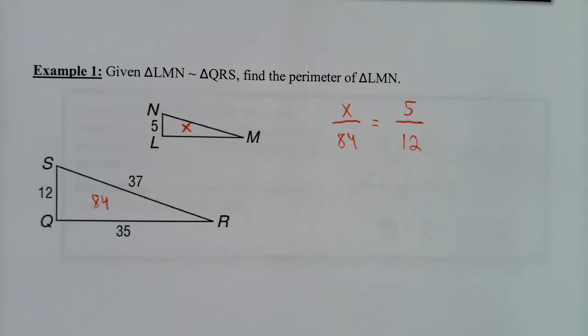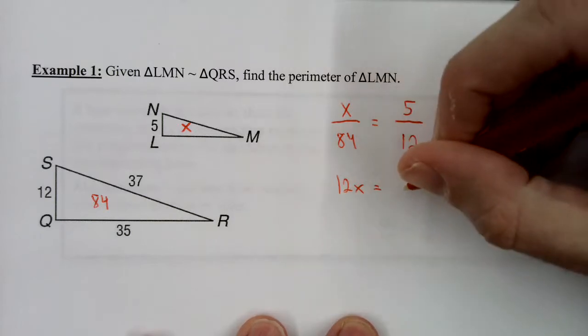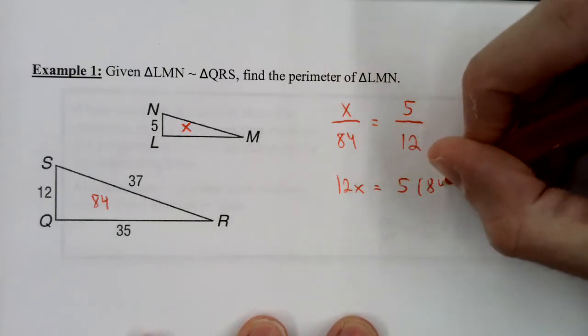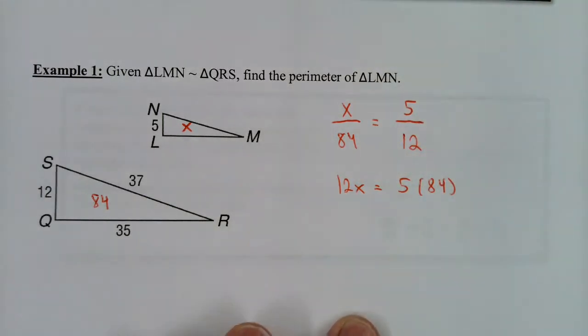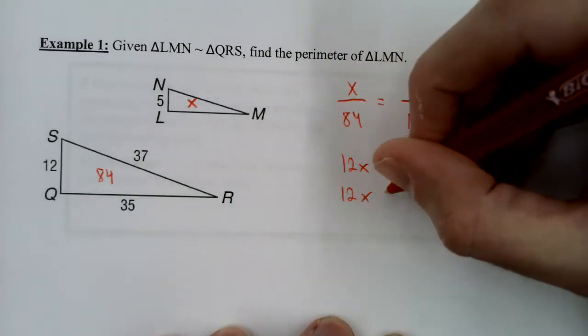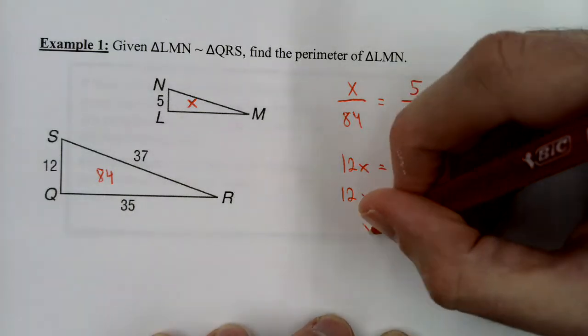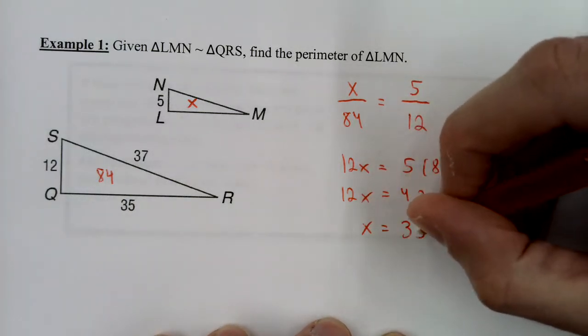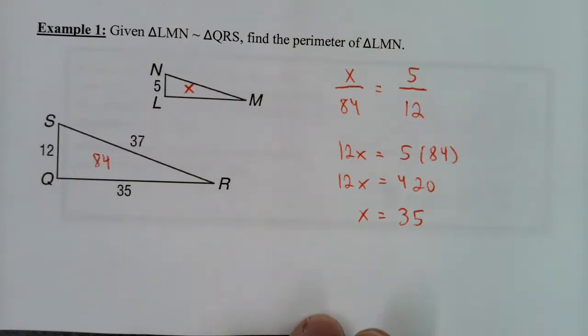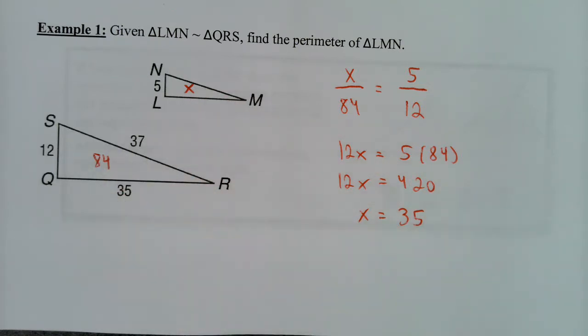And now you're going to solve that proportion. Cross multiply: 12 times X equals 5 times 84. 12X equals 420, which means that X equals 35. So that makes sense because the perimeter of this triangle should be smaller than the perimeter of this triangle, of course.